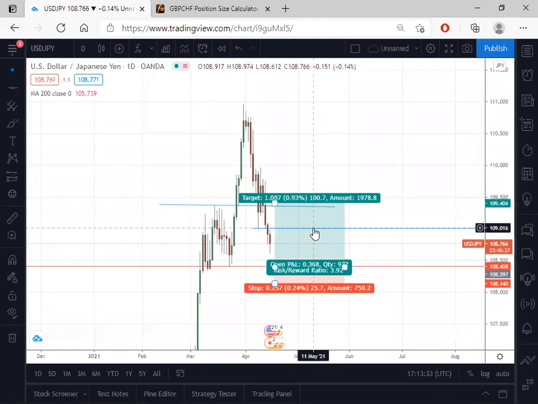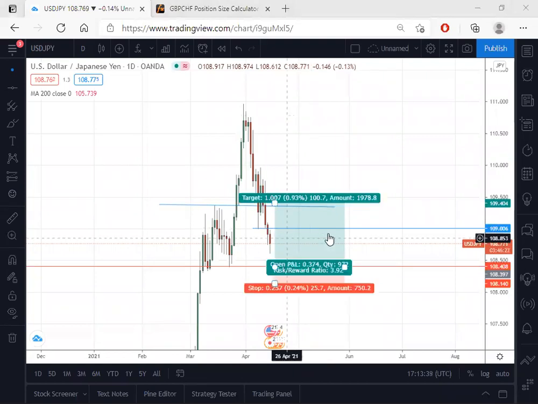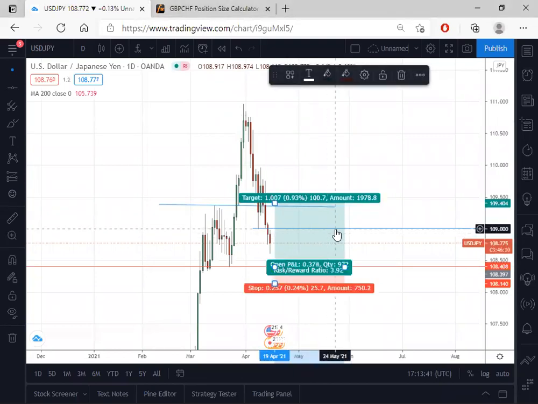That does tend to happen if you place your take profits too far, especially if you're trading a short-term, or I can say mid-term, trading strategy. But obviously with a long-term trading strategy, your take profits will be a bit far.